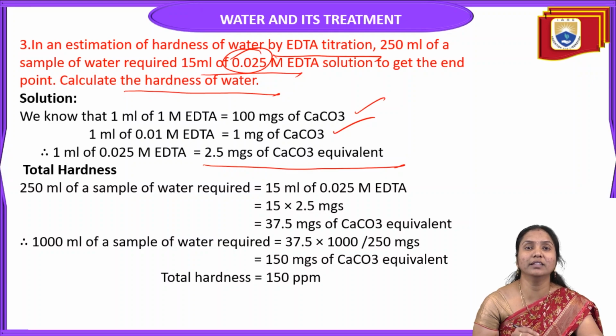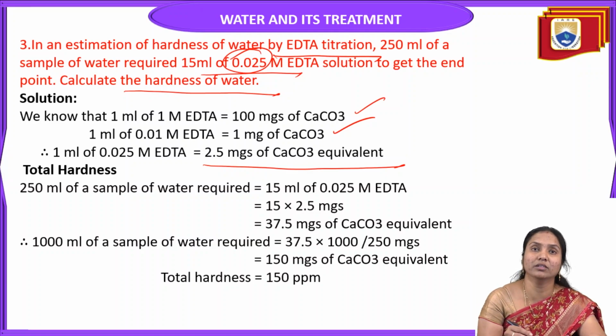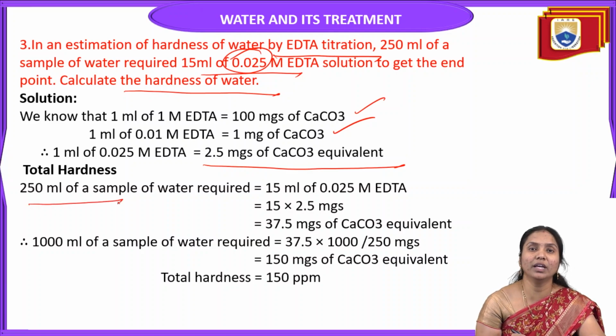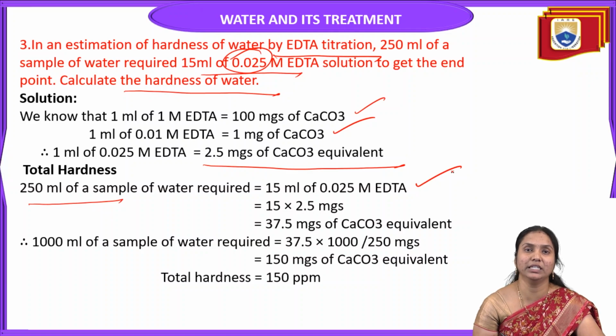So now I can calculate the total hardness of the given water sample. Here the water sample volume is 250 ml, which requires 15 ml of 0.025 M EDTA.